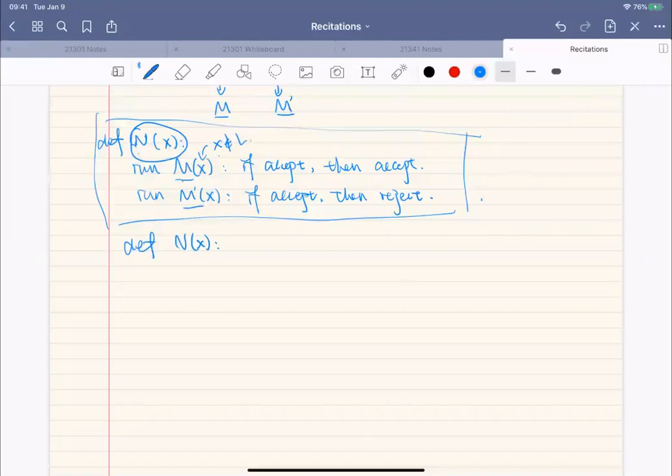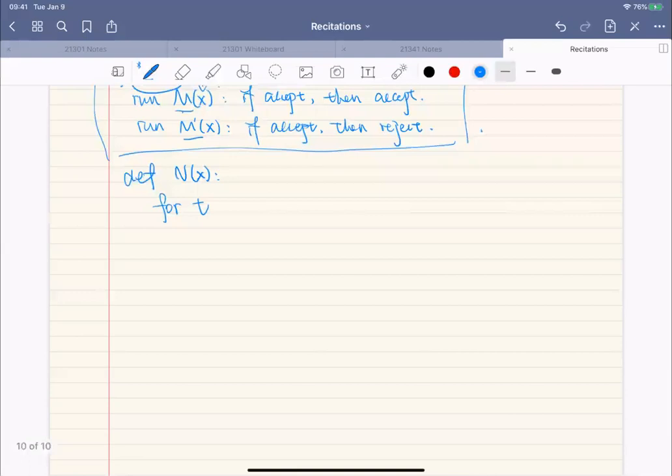This is a really common technique when we're trying to define a decider Turing machine. We define a new variable t, where t is a natural number, and we simulate M on X for t steps, and if it accepts, we accept.